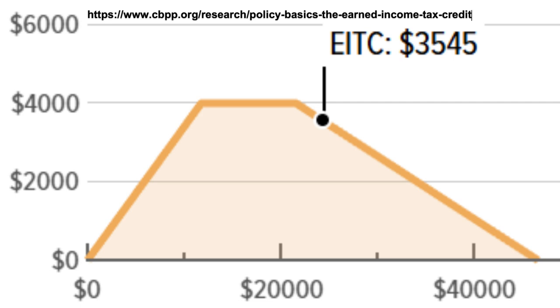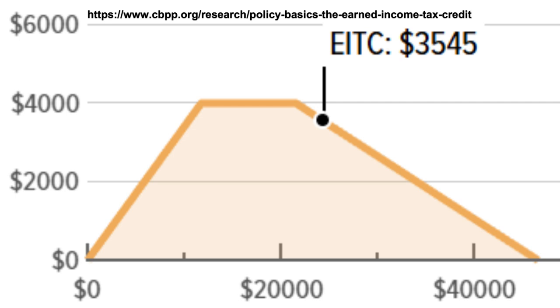It goes up with your earned income until you reach a maximum amount or a plateau. Then it stays flat for a while, and then after a certain point, it starts going down. So it's almost like a bell curve, but a bell curve would be smooth, and this goes up, levels out, and goes back down.